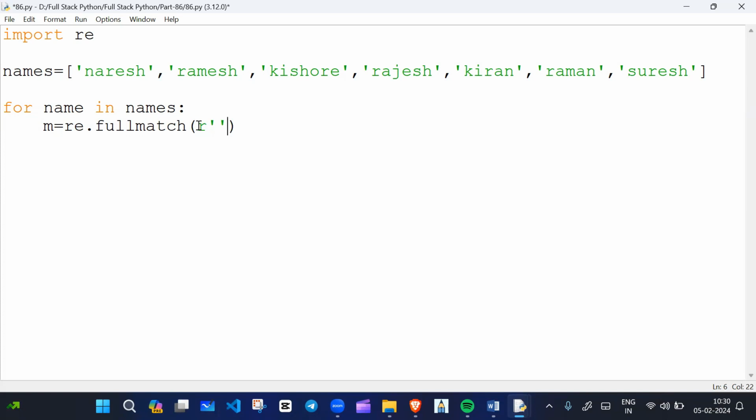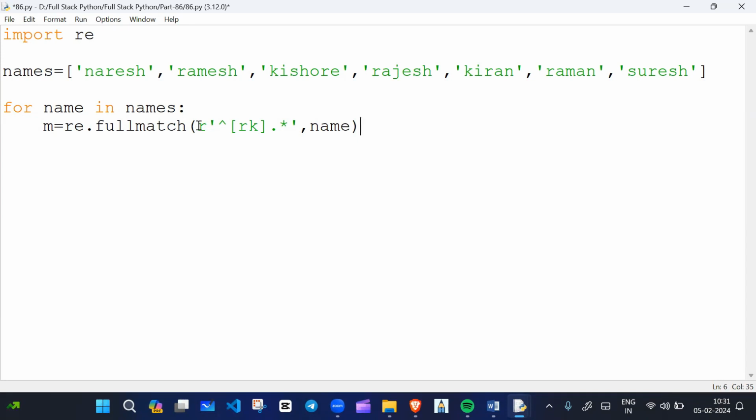Then we will write our pattern. What pattern will we write? We will give this cap symbol, then a square bracket, then RK, right? And then I will write dot star, and the string, and I will say name, right?